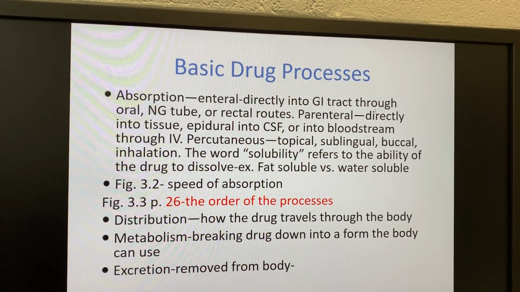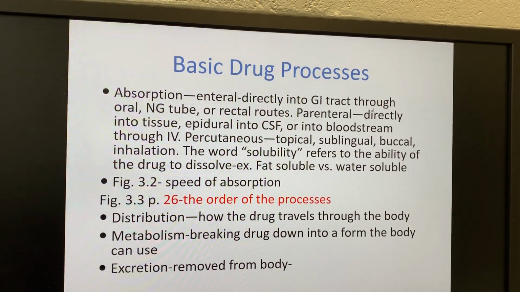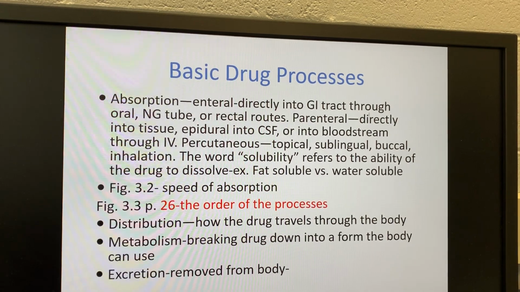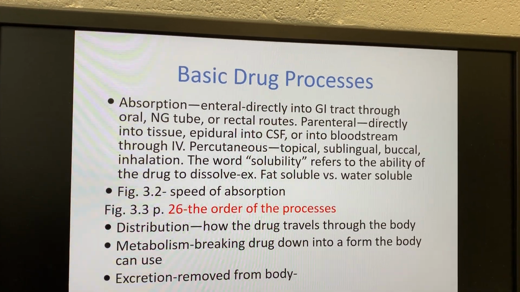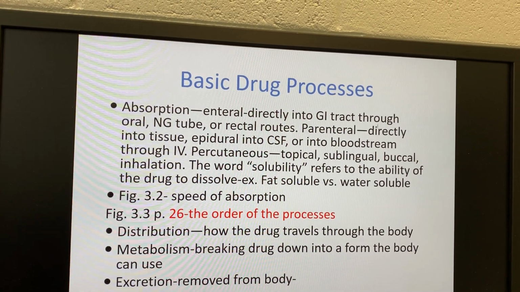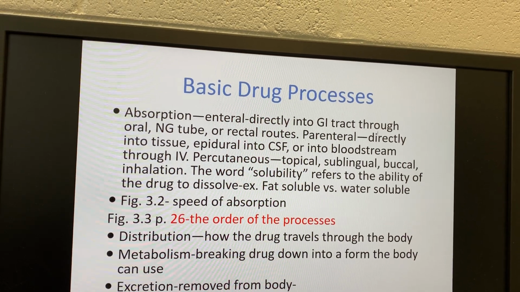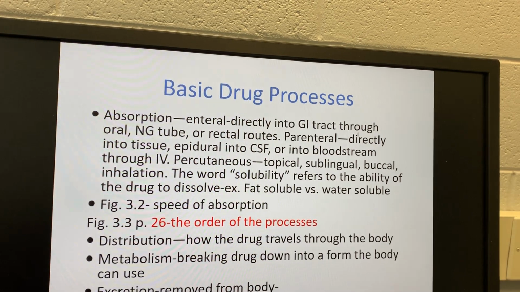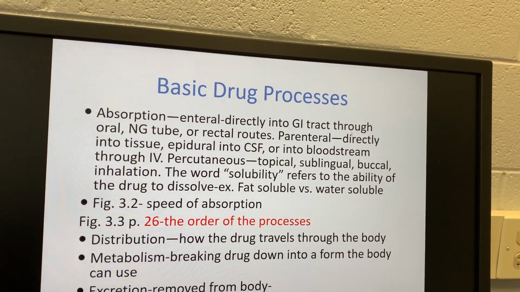We talked about parenteral, which can include epidural injection of medicine into the cerebrospinal fluid. And we talked about percutaneous, which is topical, sublingual, buccal, inhaled, and transdermal. So this is one way that all drugs can get into the body eventually.